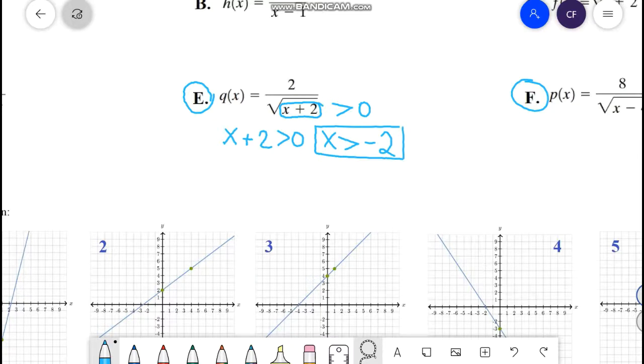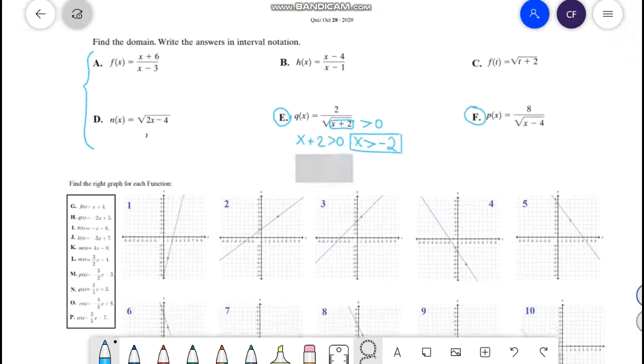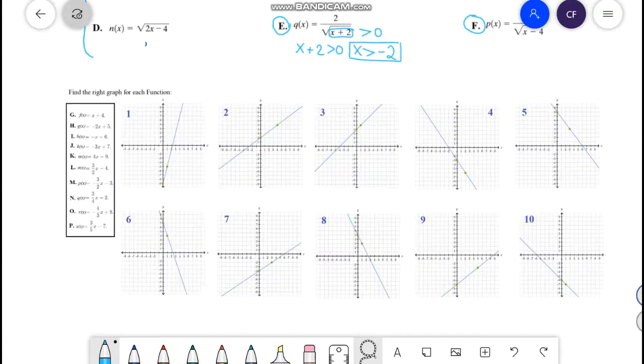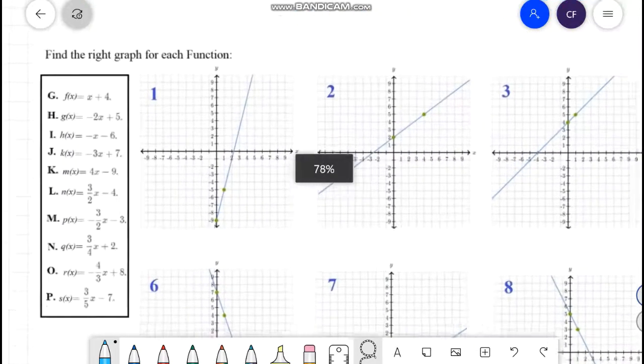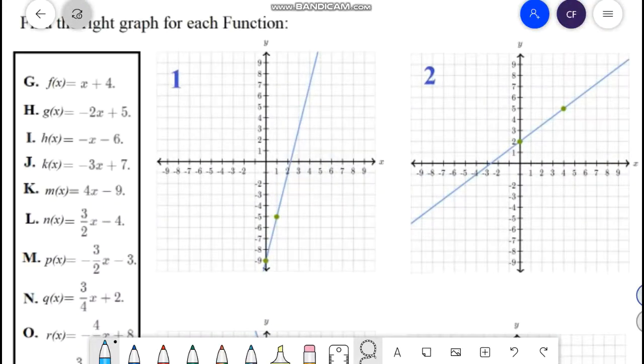For the second part of the quiz, you have a few graphs and you need to type the right number according to the equation. So let's check the first one. We have the first equation, f(x) equals x plus 4, and you need to find the right graph.